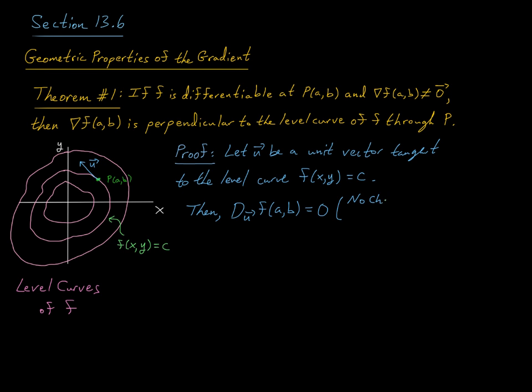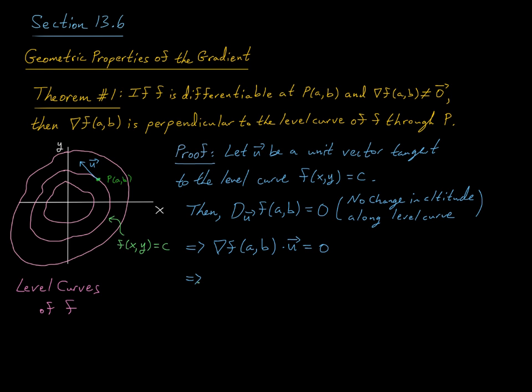So here I would say there's no change in altitude along the level curve. Okay, but that then would imply, since I can compute the directional derivative in terms of the gradient, that the dot product of our gradient and this tangential unit vector u would be 0.